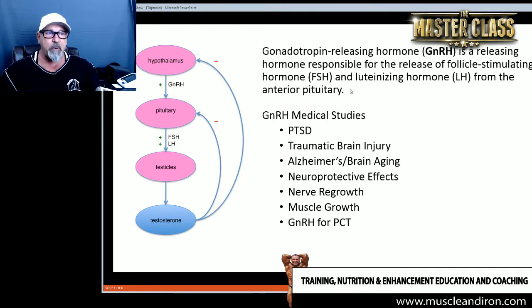And gonadotropin releasing hormone, for those that don't know, is the hormone that is released by the hypothalamus and is responsible for the release of follicle stimulating hormone and luteinizing hormone from the pituitary gland.